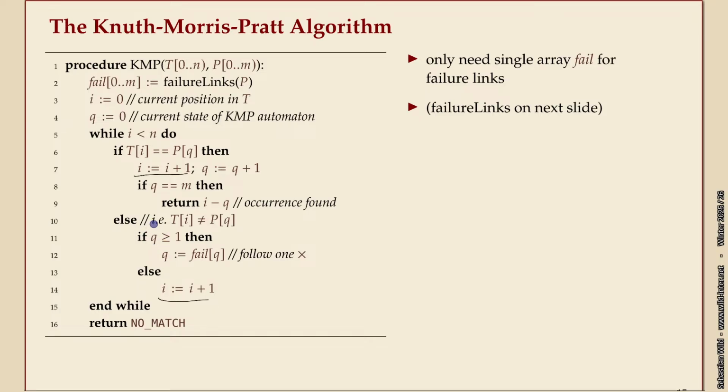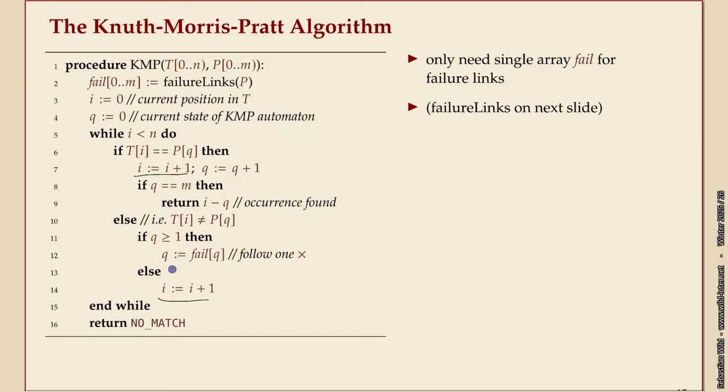But I might spend a lot of time always in this other case where I'm following failure links. So the danger seems to be that I might take more than linear time in this algorithm if I'm often running into this second state where I don't make progress. I is not incremented. But if you look closely, there is something that changes, namely Q.